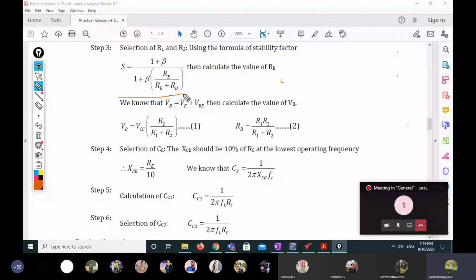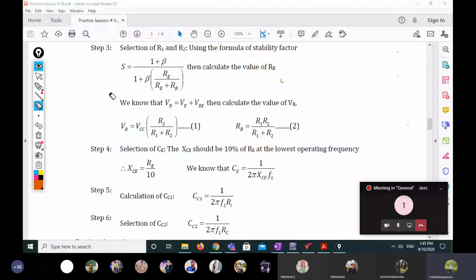From this, the stability factor will be given in the question. The beta value is fixed, that will be given in the question. RE you calculated just now, in step 2 you calculated RE. Now the unknown parameter is RB, that you can calculate from this.